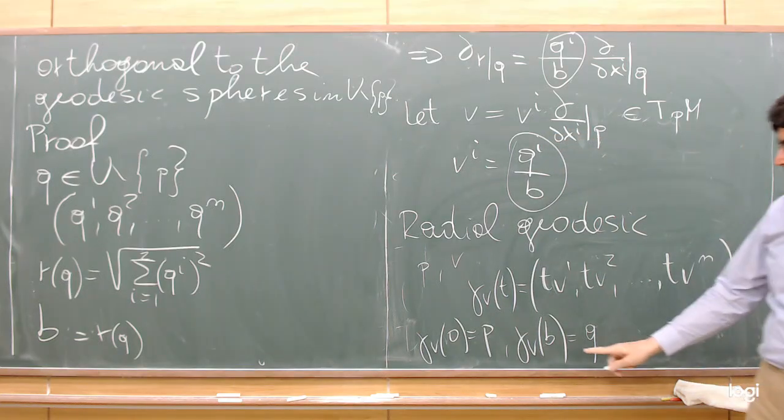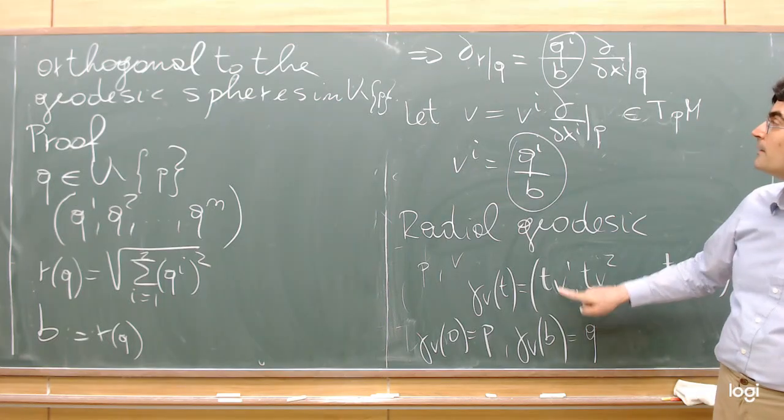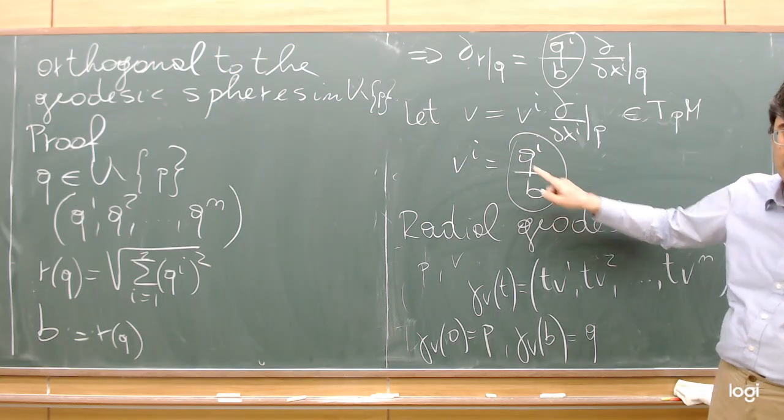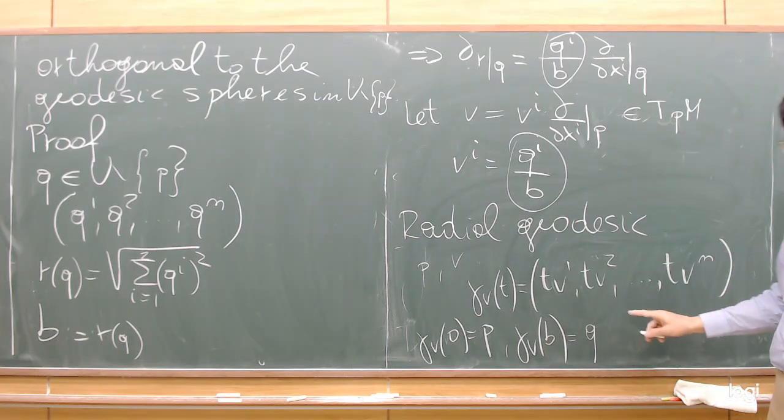So when you replace b into this formula, you get bVi, but bVi is Qi. So you get Q1, Q2, Qn, which are the coordinates of Q.